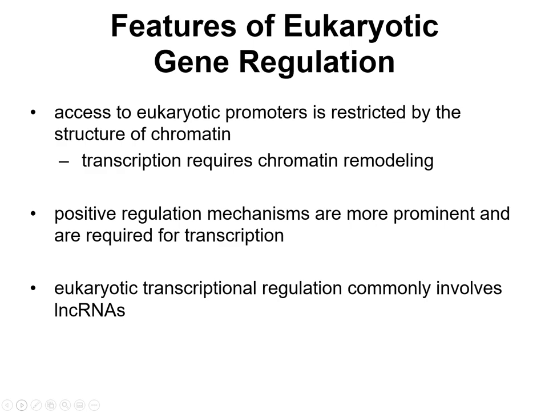Usually you have to have some chromatin remodeling. Positive regulation mechanisms are more prominent than in bacteria, and they are required for transcription. So remember, positive regulation, think activators. And there's lots of regulation involving those long non-coding RNAs.